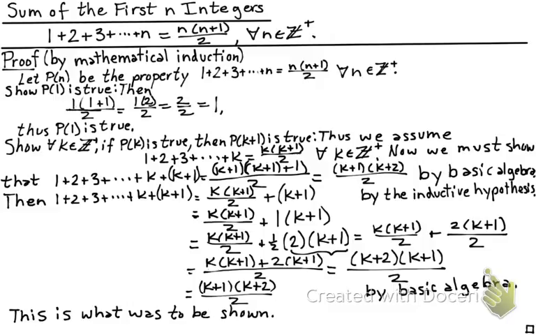So what that means is we proved that this theorem was true for the first value, for 1. It's a true statement. We assumed that it was true for the kth statement, and using the assumption that it's true for the kth statement, we showed that it had to be true for the k plus first.